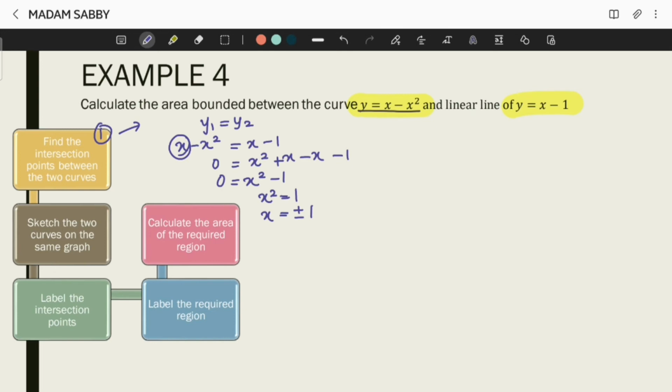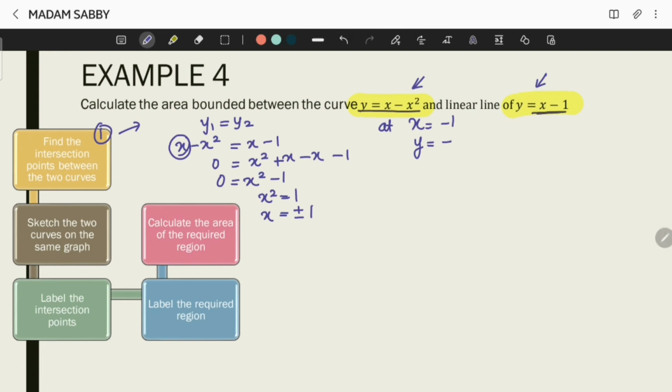Once we find out the x coordinate, next we have to find out the y coordinate. When x equals negative 1, you can use either y1 or y2 to determine the y coordinate of the intersection. I will just use y2 because it's simpler.